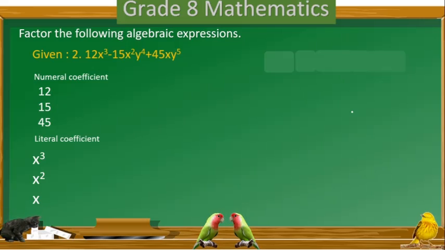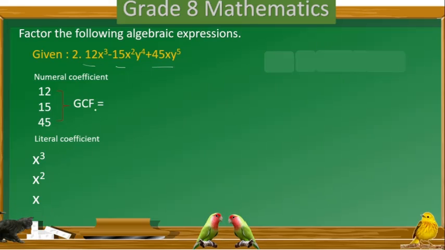As you notice, in the given there is a y variable, but we do not include that one because this is not common to all the terms. This is our first term, second term, and third term. In the first term, we don't have y. That's why we do not include it here.